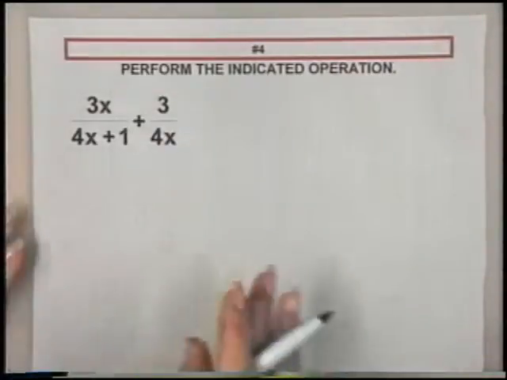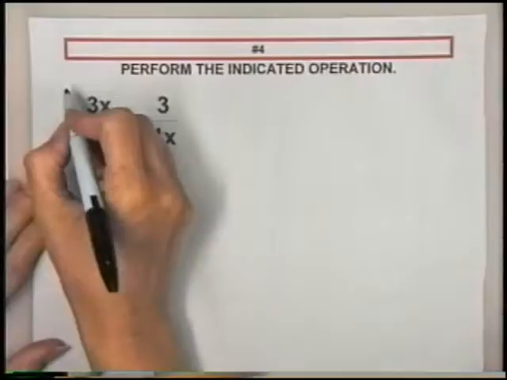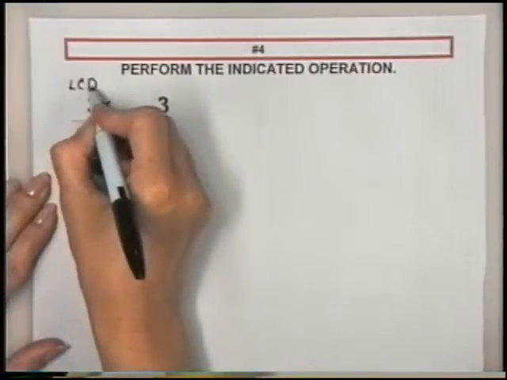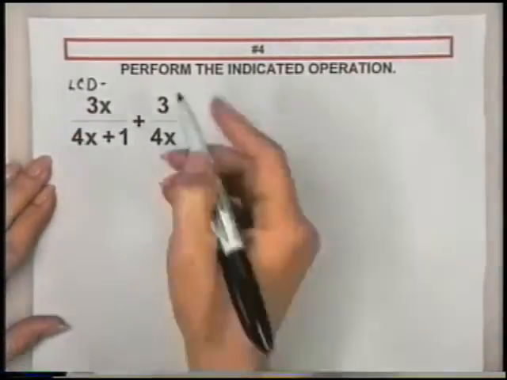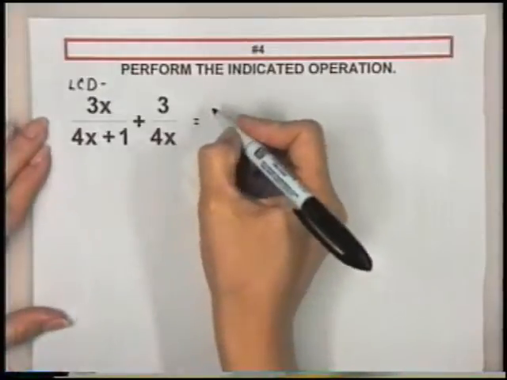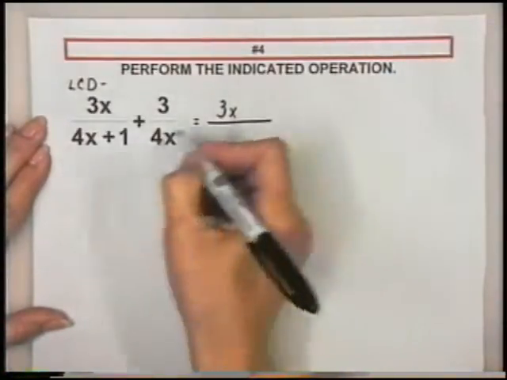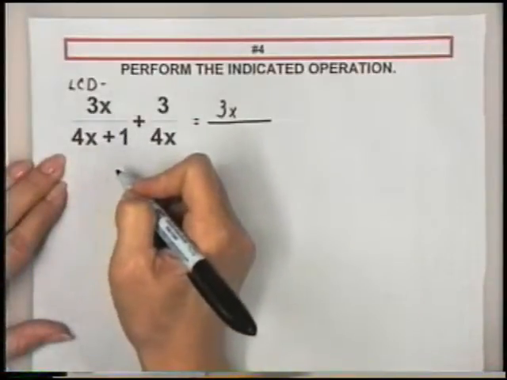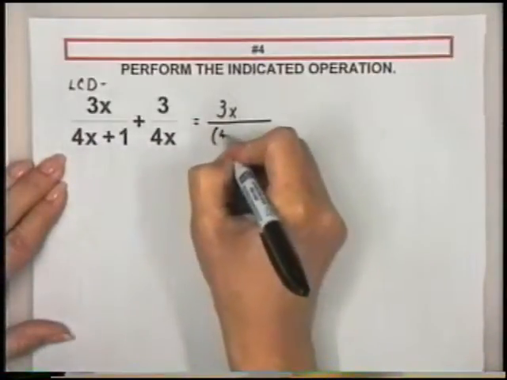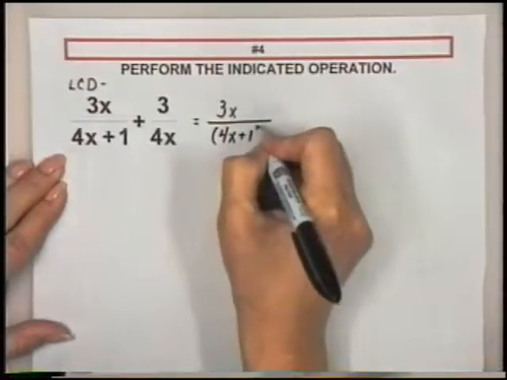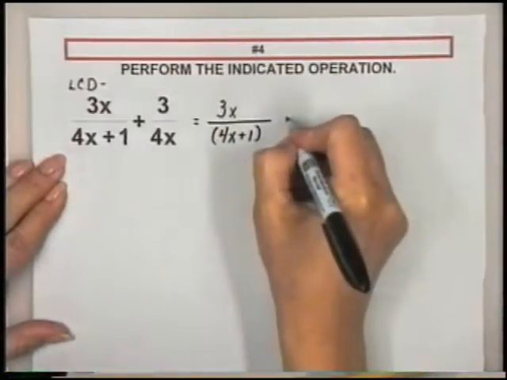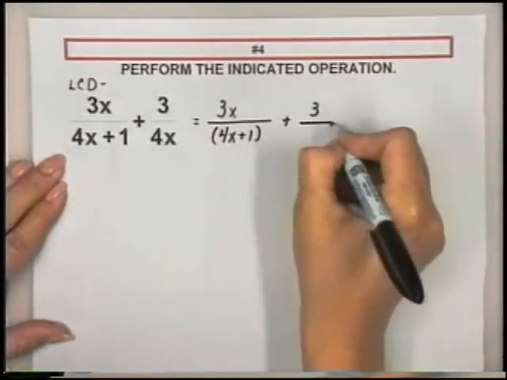We are adding fractions. We know we need an LCD. Let's rewrite each fraction. When I look at this denominator it is factored. 4x plus 1 is a prime factor.